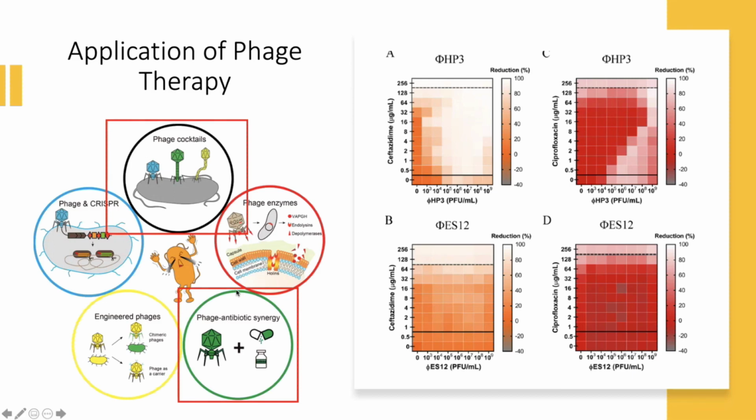And then you can also use phage and CRISPR technology to essentially manipulate gene expression in bacterial cells and take out resistant genes, etc. So you can go pretty crazy with this technology and all the different implications that you can get.